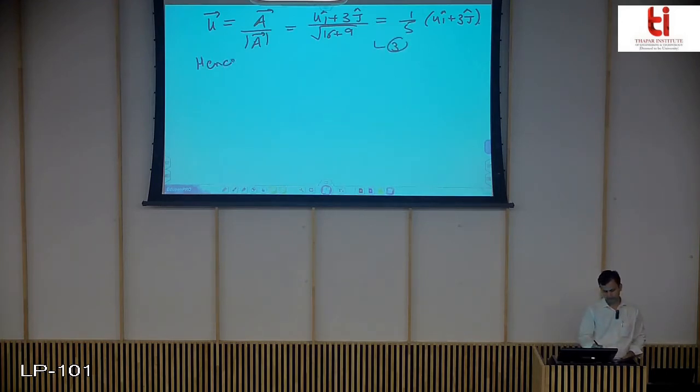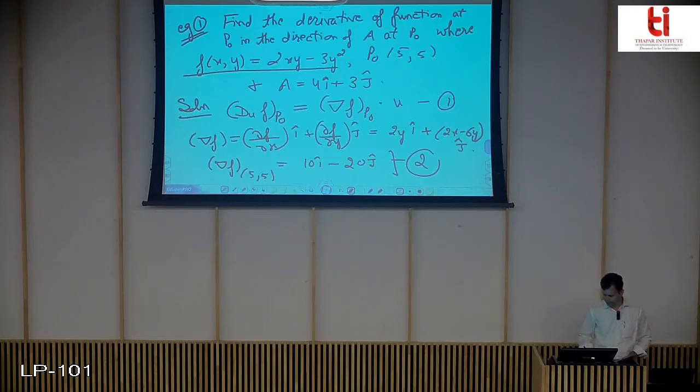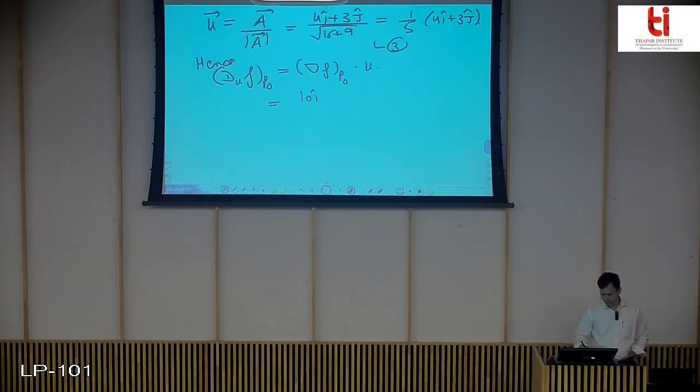Hence, with the gradient vector, the directional derivative at point P naught, by the formula, equals your gradient 10i minus 20j, dot product with (4i plus 3j) upon 5.